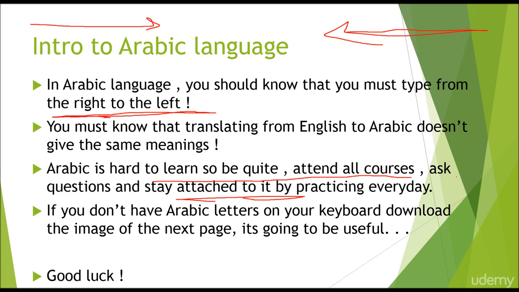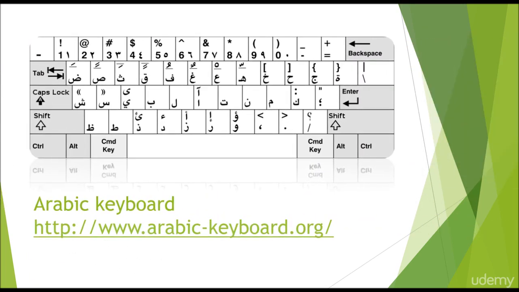If you don't have Arabic letters on your keyboard, you can download an image of the Arabic keyboard and print it out. I'm going to show you now. If you go to arabic-keyboard.org, you can use an actual Arabic keyboard, or you can simply Google Arabic keyboard and download the image from the internet, then print it out and put it next to your computer, so you will know which Arabic letter is on which button.